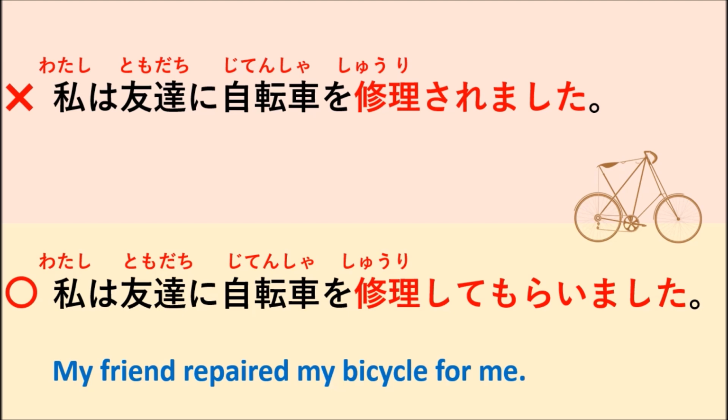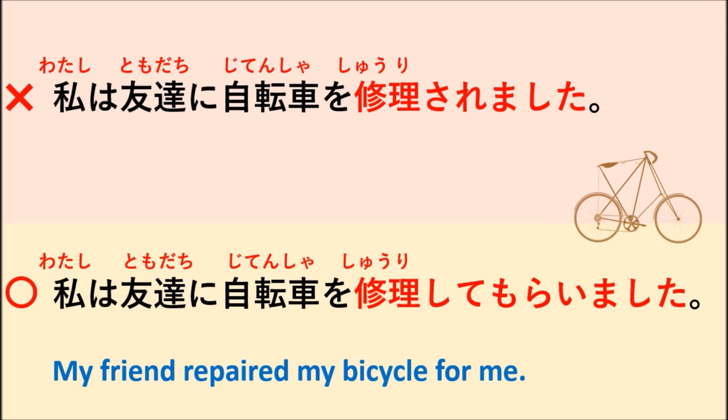You see here? 私は友達に自転車を修理してもらいました。This means you asked your friend to repair your bicycle for you.